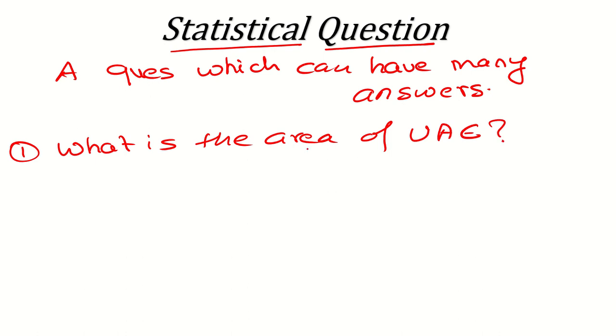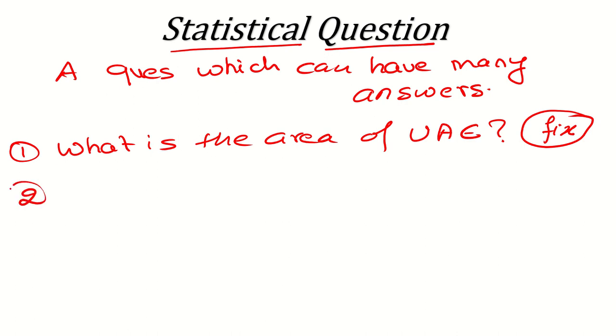There will be only one answer for this question, provided you know it. If you know the answer, it will be fixed, because every country has a certain area. So this question will have only one answer.